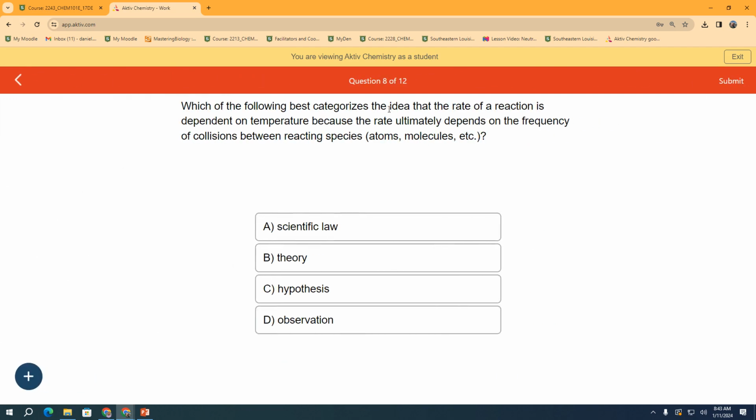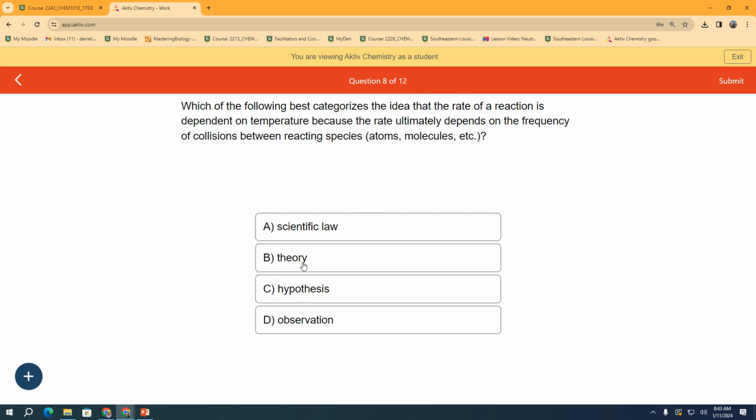Which of the following best categorizes the idea that the rate of reaction is dependent on temperature because the rate ultimately depends on the frequency of collisions? All right. So notice that the rate of reaction depends on the temperature. So we're saying that if we change the temperature, we'll change the rate.